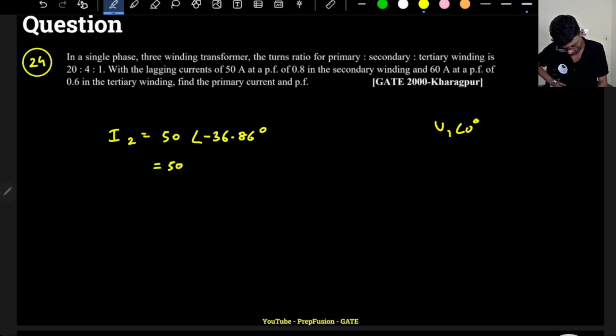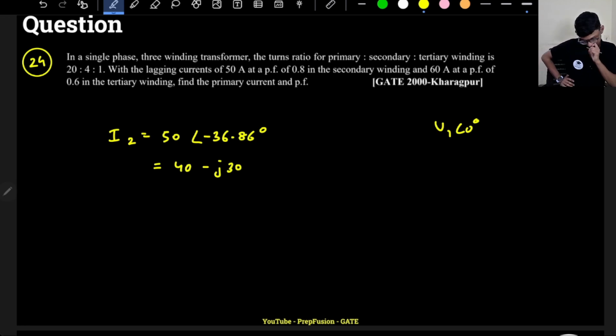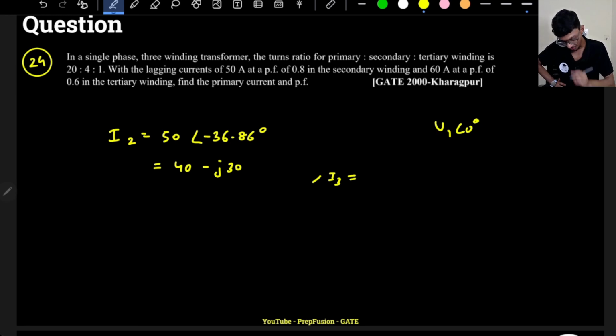And I2 in rectangular format, what is this? This will be 50 cos of 36.86, that is 50 into 0.8, so this will be 40 minus J30. And what about I3? I3 is 60 amperes with power factor of 0.6. In rectangular format, this will be 60 into 0.6, that is 36.